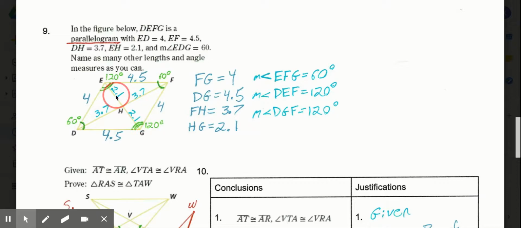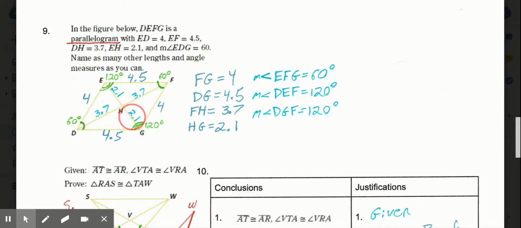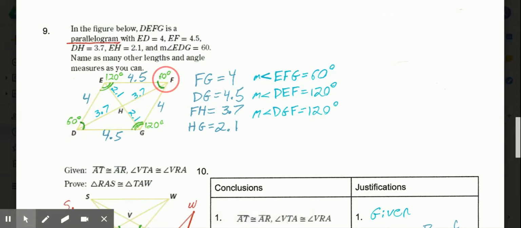Then they gave us EH being 2.1. And again, we know in a parallelogram, diagonals bisect each other. So segment HG is also 2.1. And then we know opposite angles are congruent. So if they gave us angle EDG, this bottom left corner, then angle EFG is also 60 degrees.